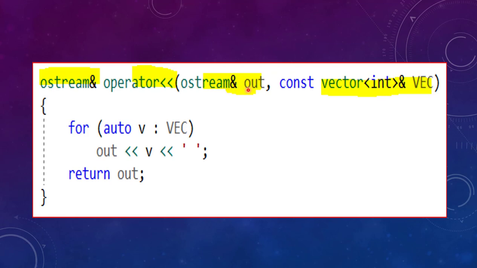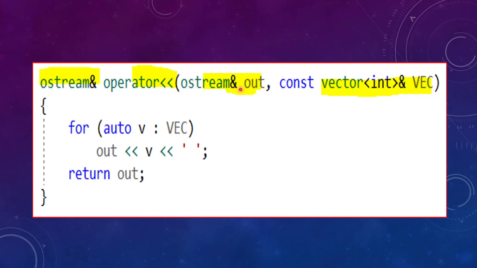Next, I have a constant vector integer reference, I call it vec. So this is the right-hand side. This would be the left-hand side. Take vec, pull out one element at a time, send it to out, and then return out. Notice out is an output stream, just like this. That'll allow me to cascade things.